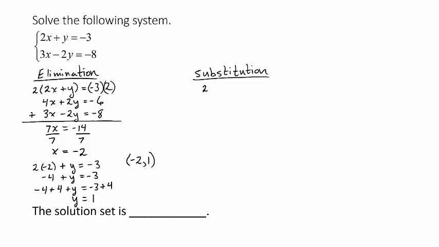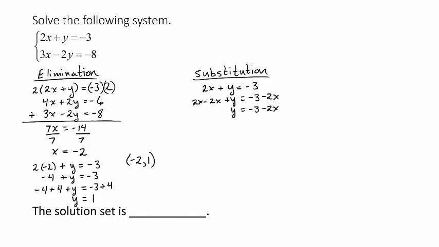So if I take 2x plus y equal to -3, and I want to get y by itself, I'm going to subtract 2x from both sides. So 2x minus 2x plus y equal to -3 minus 2x. So y is equal to -3 minus 2x.